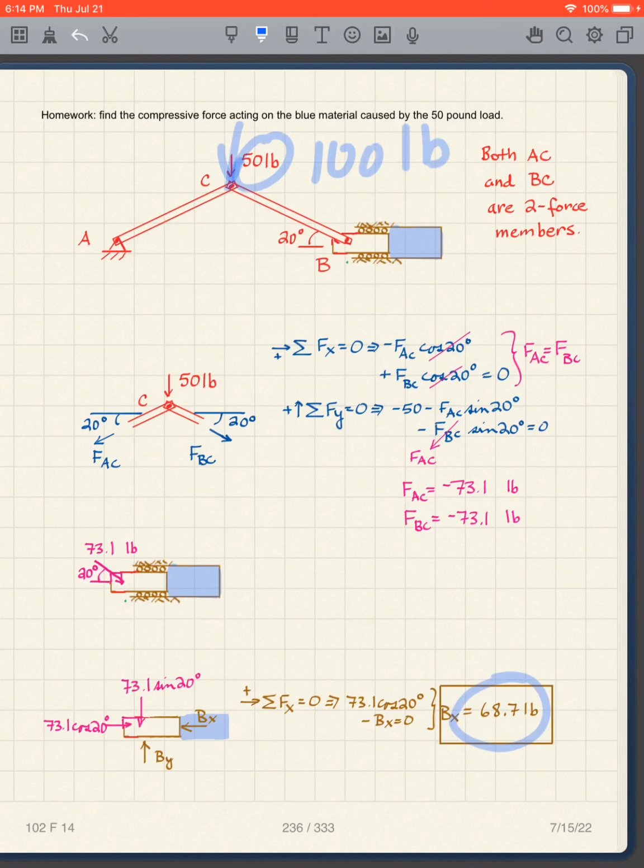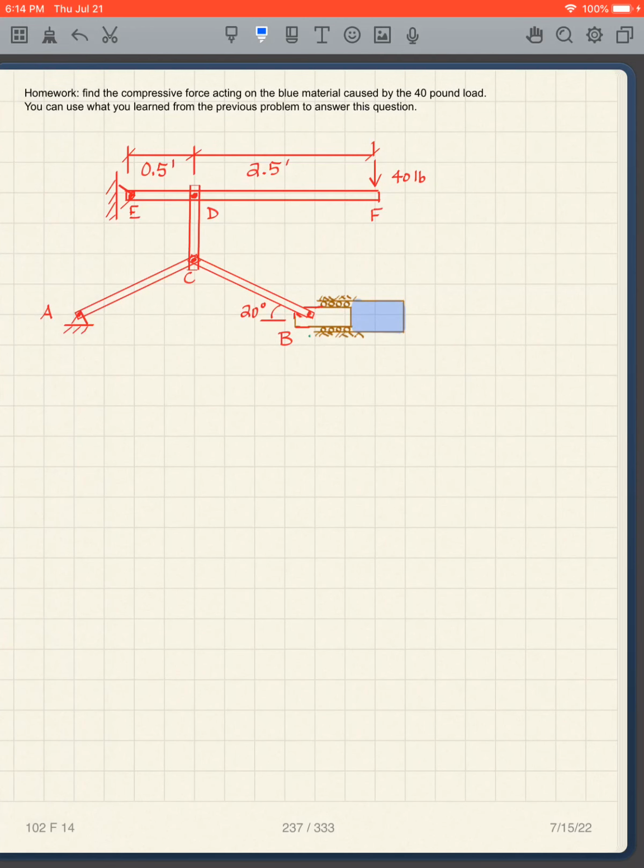Well, we're going to end up with 2 times 68.7 pounds. So the ratio stays the same. I think you can see that. So you don't have to do the whole problem in a sense. Once you get that load there, you're going to just take the ratio to get that load there. Okay, so pause the video here and work this problem.